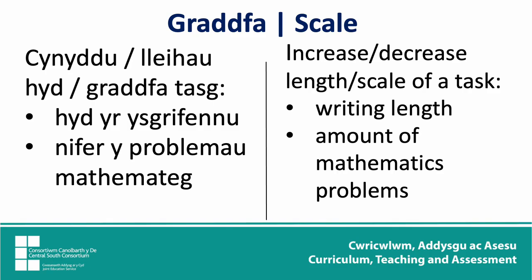So a decrease in the scale of the task doesn't necessarily mean that it's easier. And I think it's worth thinking about increase and decrease in both a supportive and a challenge context. So there's a few different ways that you can look at that as well. So they're the four S's: structure, style, scaffolds, and scale.